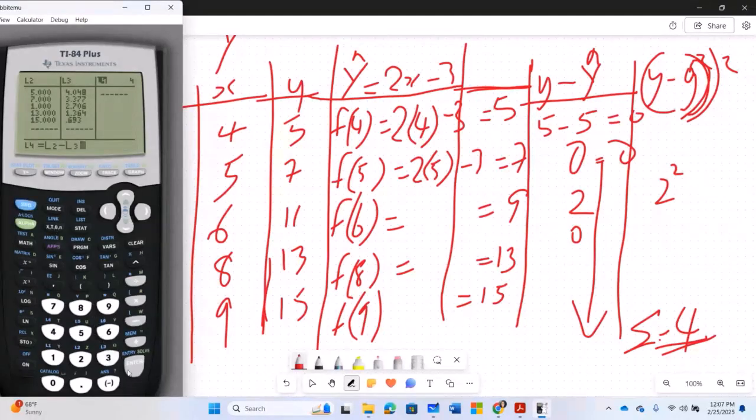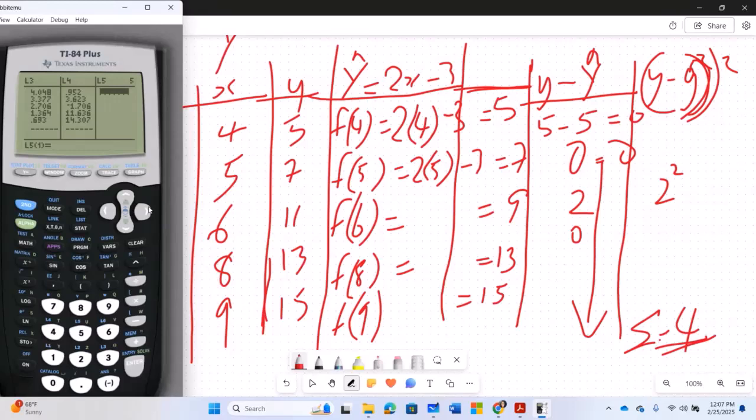The reason why I'm doing it with calculator is that sometimes you get some numbers that are difficult, and then you want to subtract. Okay, we subtracted, and then we want to find the sum of squared residuals.